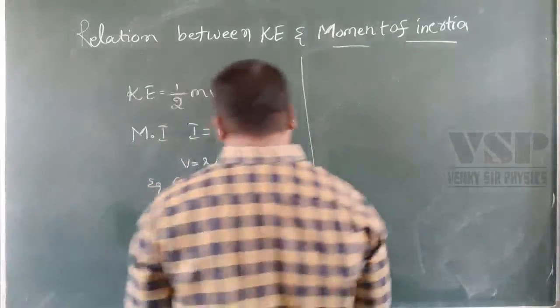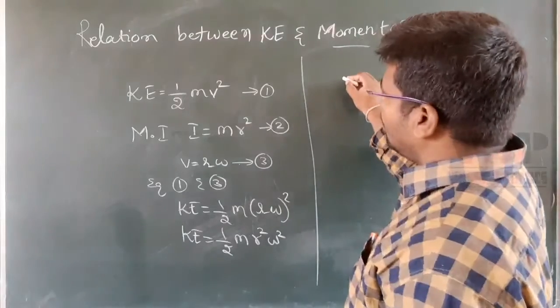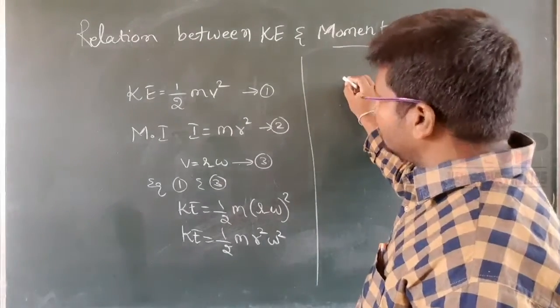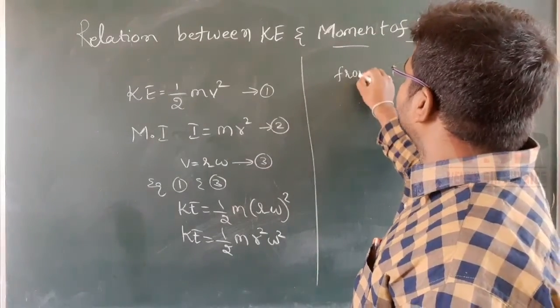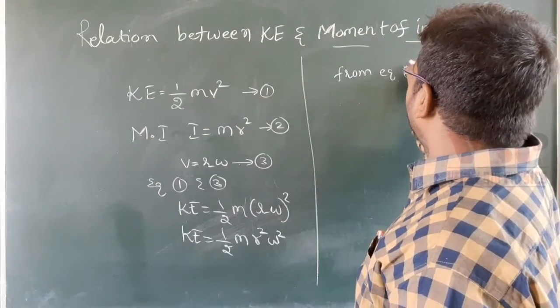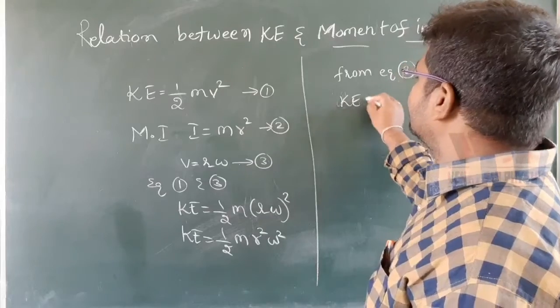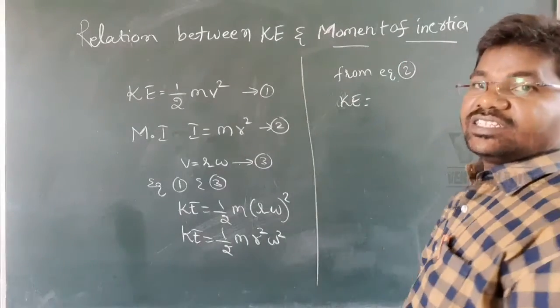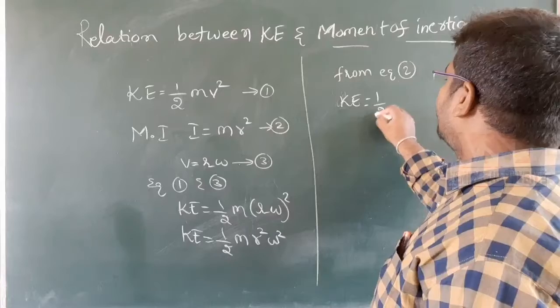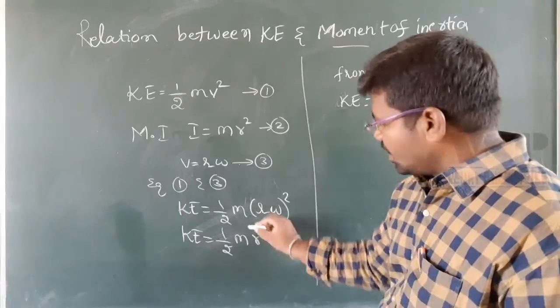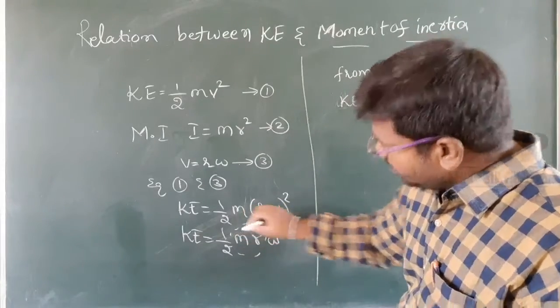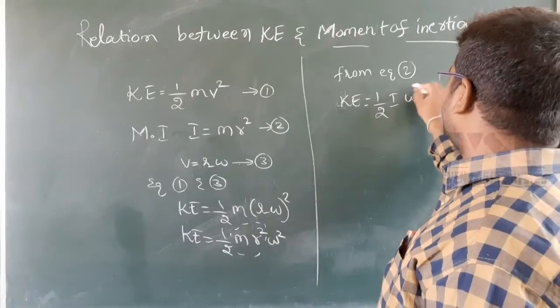Understand? From equation 2, this m r square we can denote as I, so kinetic energy is equal to 1 by 2 I omega square.